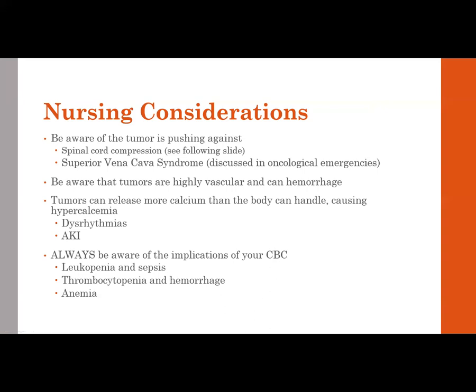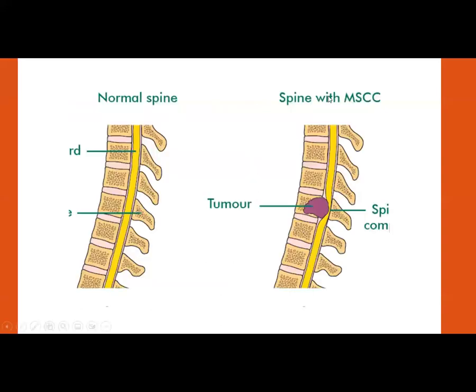One of our best tools as a nurse is definitely our lab values. For example, if we've got a patient who has thrombocytopenia, we want to watch out for things like epistaxis, like a nosebleed, so that they don't just keep on bleeding. And on here you can see the normal spine and then the tumor that's pressing against it.